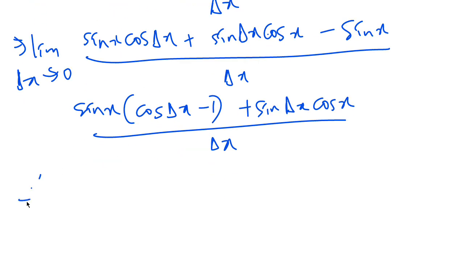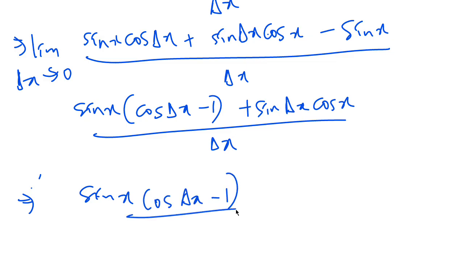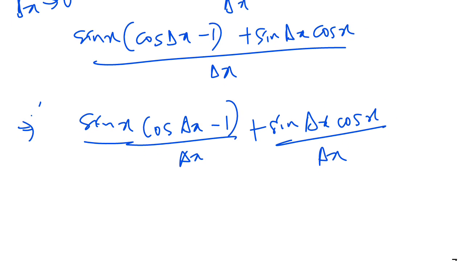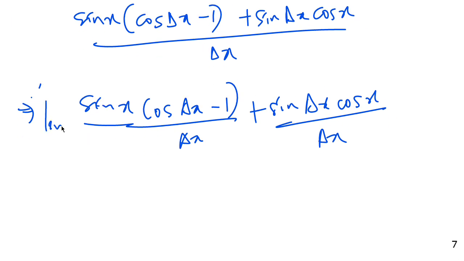At the end point, we can now split it as sin x into cos change in x minus 1 all over change in x, plus sin change in x cos x over change in x. And then we can use some rules we used in limits to simplify this.